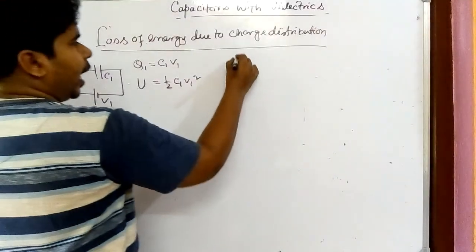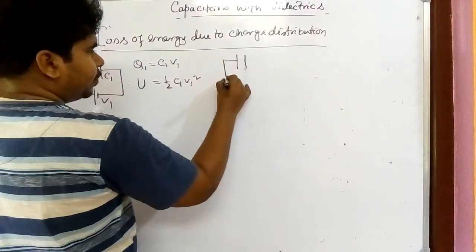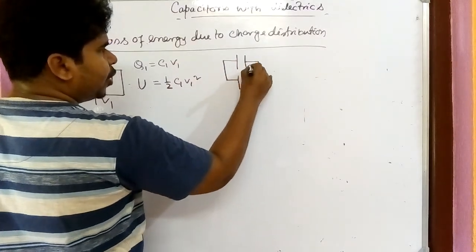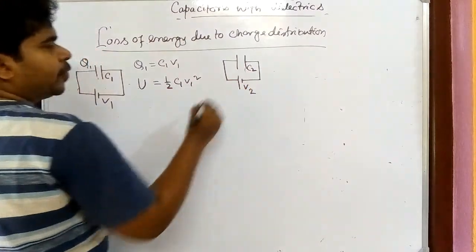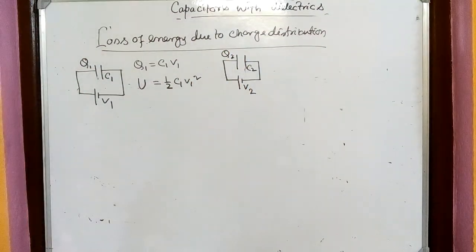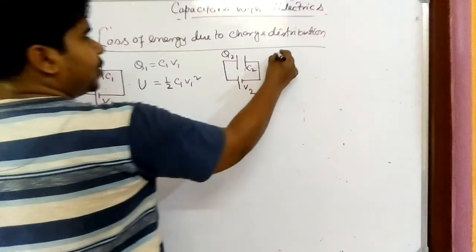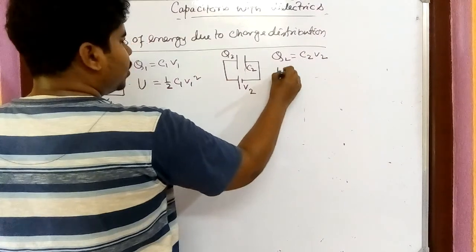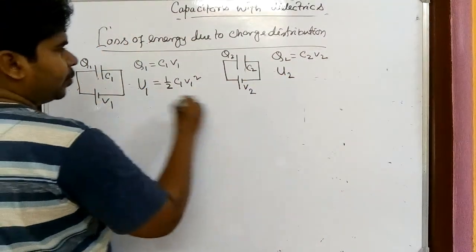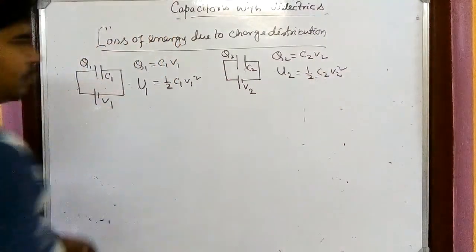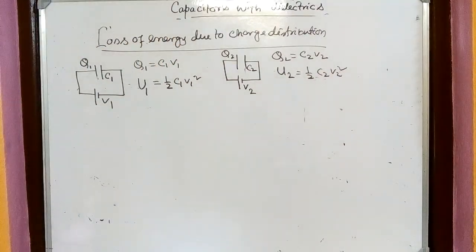If you connect another capacitor of capacitance C2 with a potential difference V2 and the charge is Q2, then we can write Q2 equals C2 V2 and energy U2 equals half C2 V2 square. Separately connected.